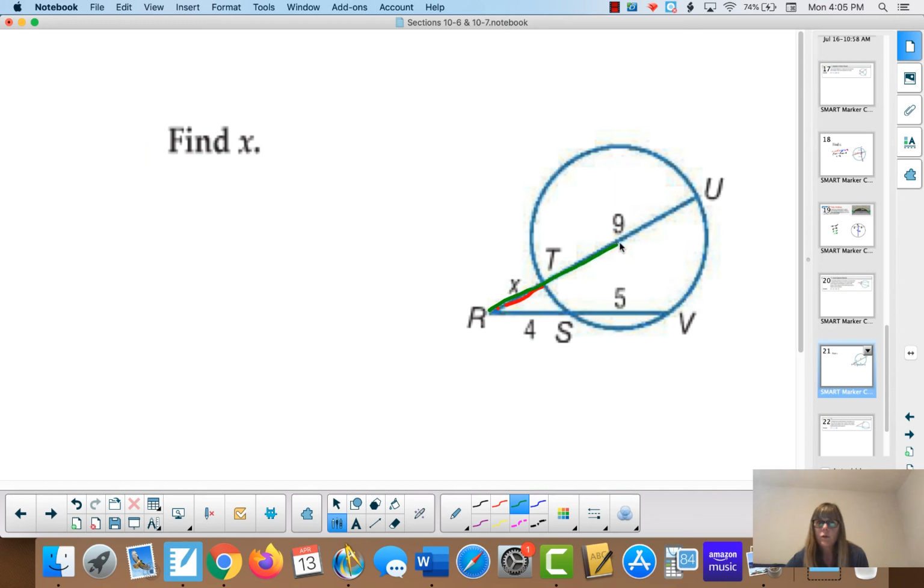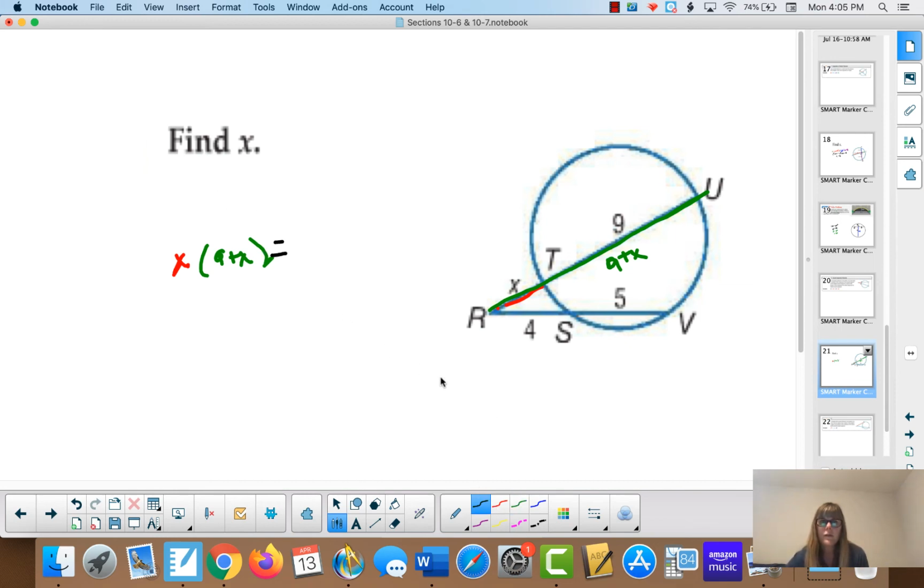So our whole is actually 9 plus x. So I have x, the outside part, times 9 plus x, the whole.